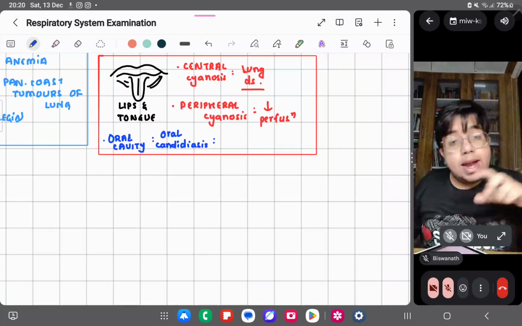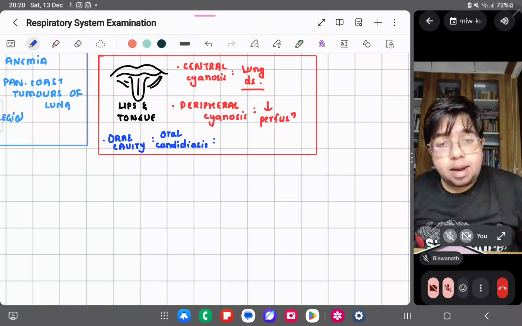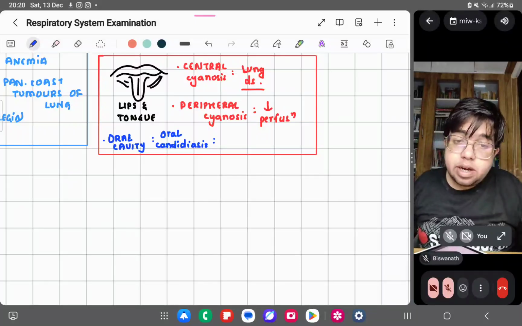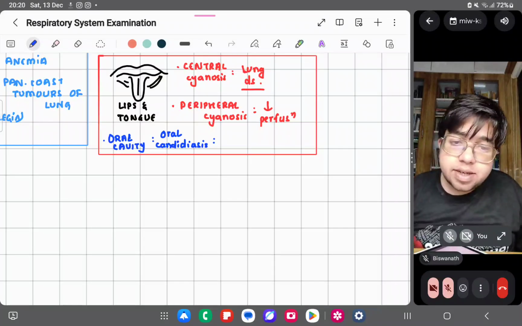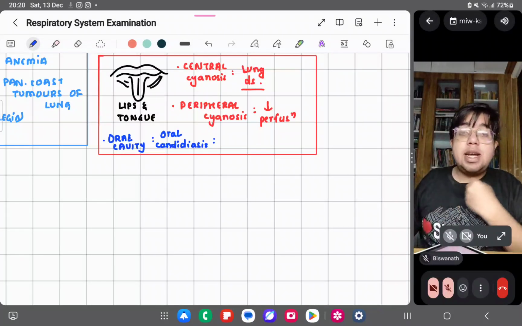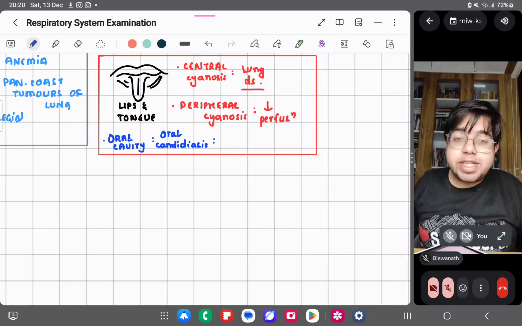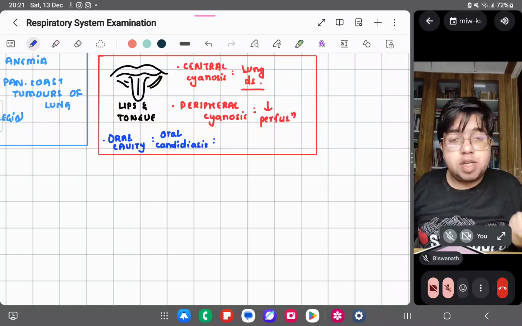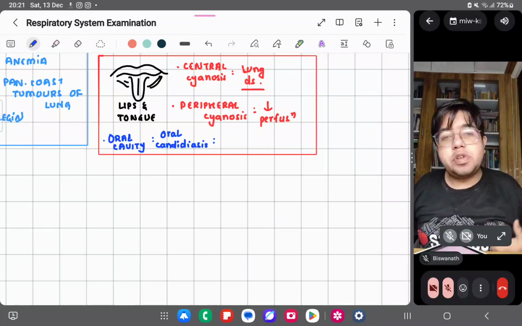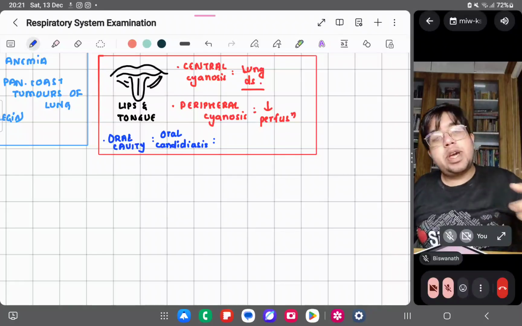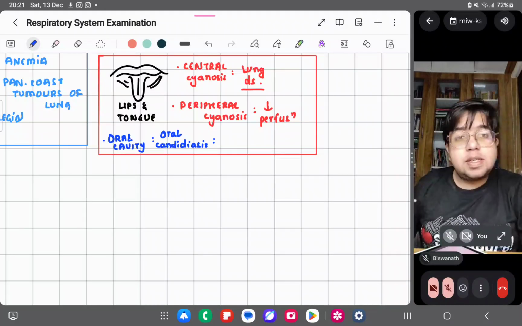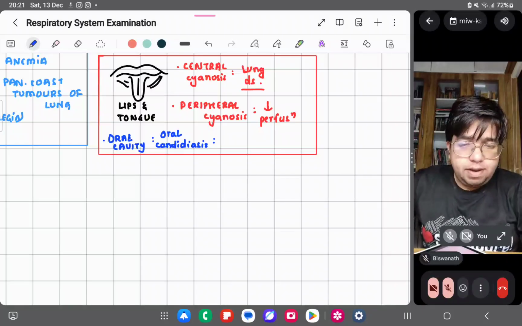And from oral candidiasis, which is caused by Candida albicans or other species of Candida, you can get to know from the medication history that the patient has been taking steroids. Which condition requires steroids? Inhaled corticosteroids, asthma. So you can get to know retrospectively that the person was a patient of asthma.